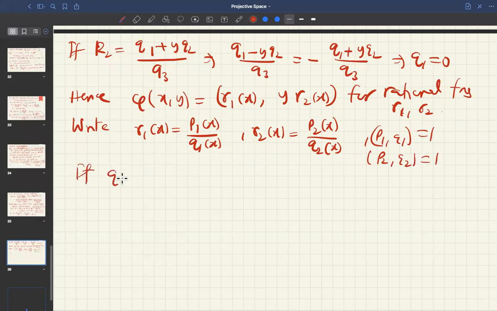So if Q1 of x is 0 for some x, then phi of xy is the point at infinity, and that is fine.